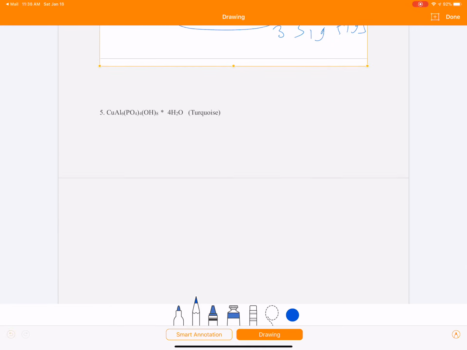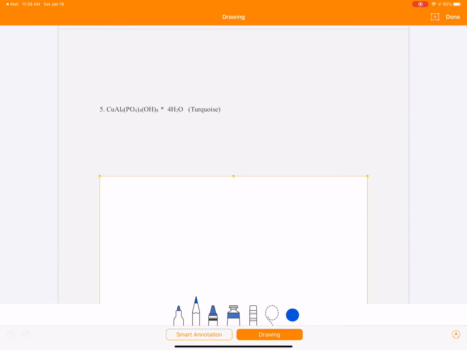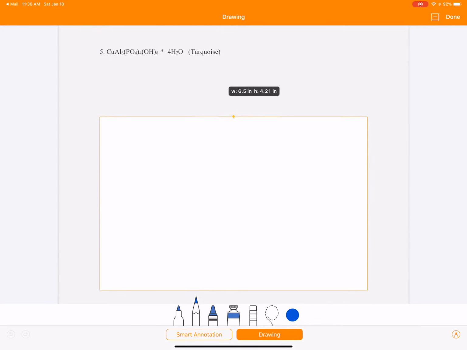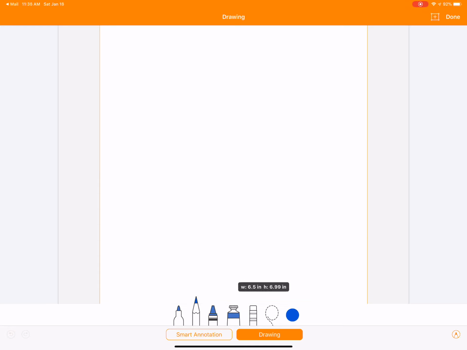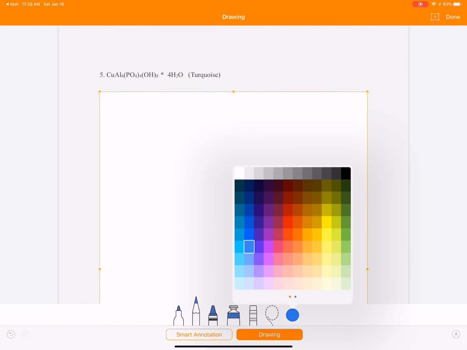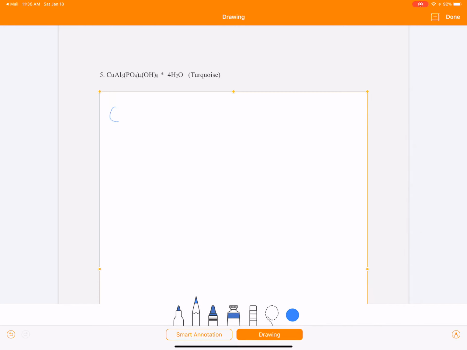But our next one, our last one, turquoise, is a little bit more involved. It has a lot going on. So this one I'm going to write out the whole thing. First, let's choose a different color here. We have copper, and that has a molar mass of 63.5 grams.